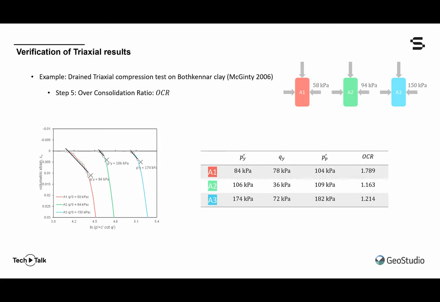According to these yield pressures, 3 deviatoric yield stresses are calculated from the 3-to-1 stress path, and the isotropic pre-consolidation pressures for each sample can then be calculated from the yield function as 104, 109, and 182 kilopascals respectively. This then, writing p prime p over p prime sub y, gives us our isotropic overconsolidation ratio, which you can see here for each unique sample was 1.8, 1.2, and 1.2.